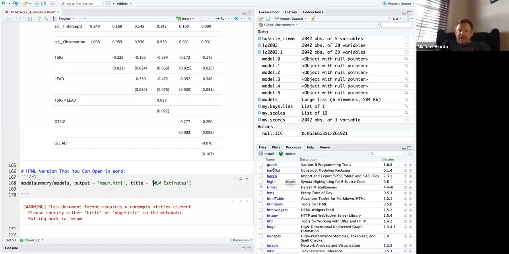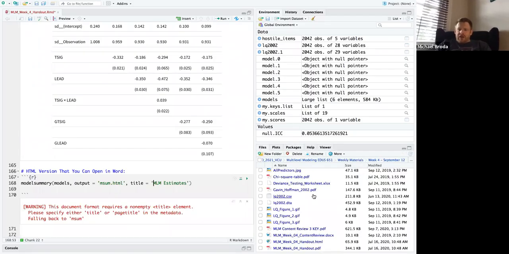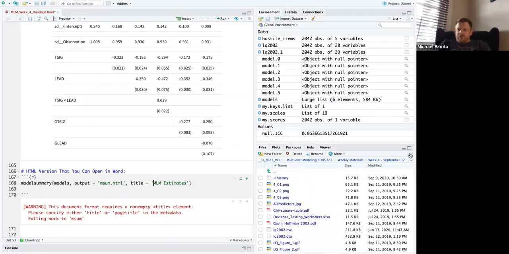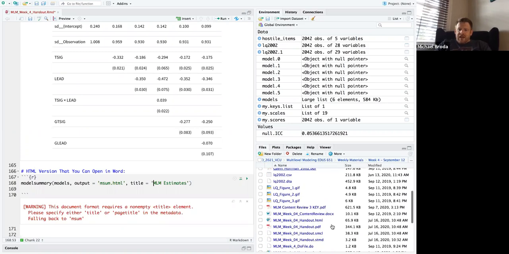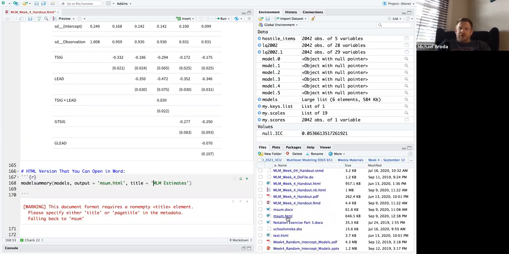And then if I go back to my working directory and click refresh, I should have a new file down here called msum.html. Now you may not have the doc yet, that's from me practicing earlier, but you should have a file called msum.html.